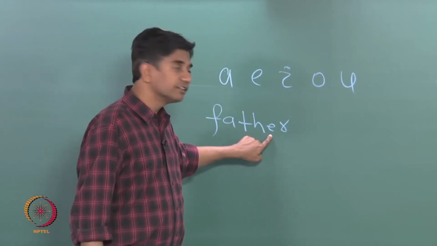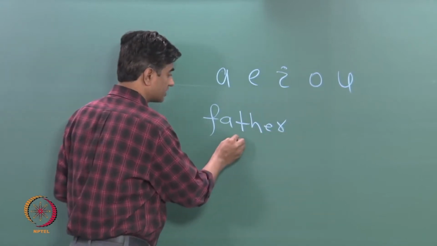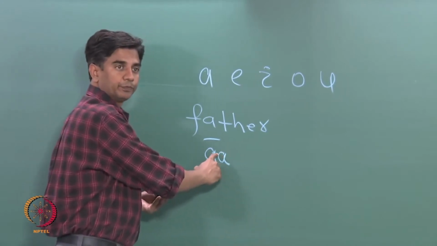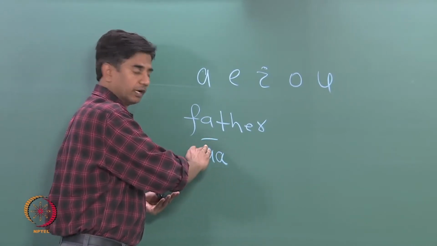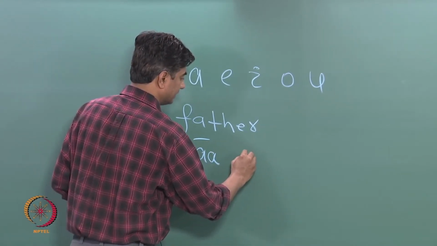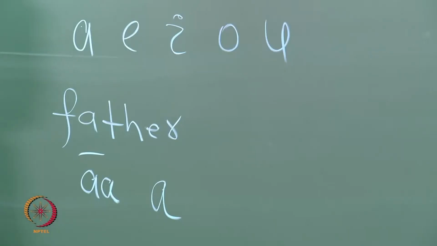So we are saying the next vowel is A. So the first one is A. I am putting 2 of them to show length, and then we are saying the next one is, let's say, A. Okay?